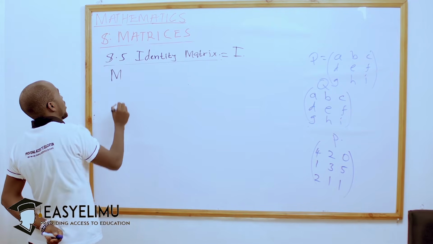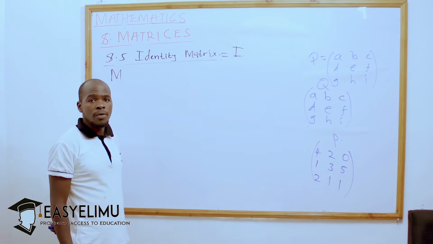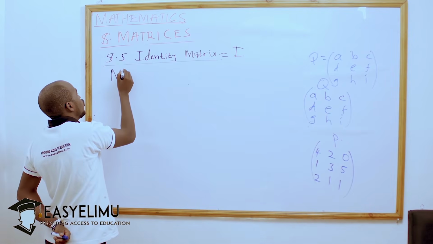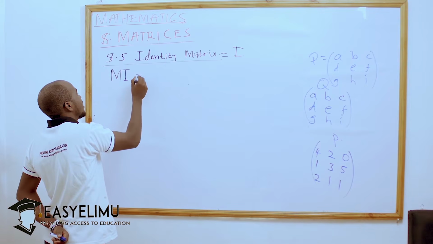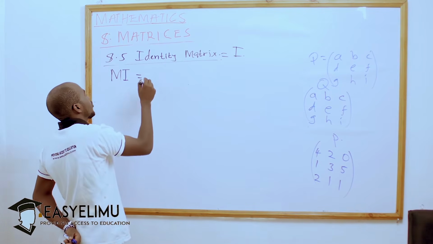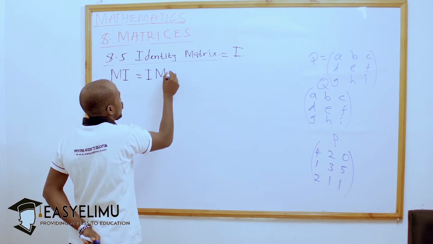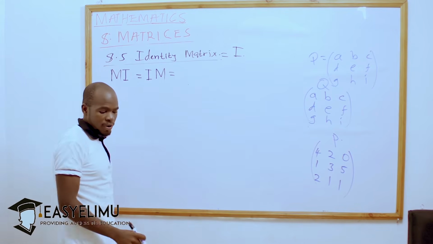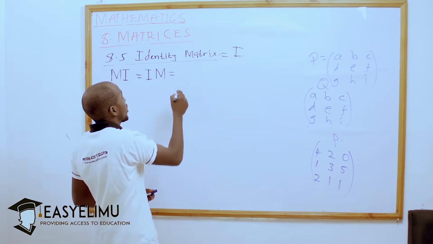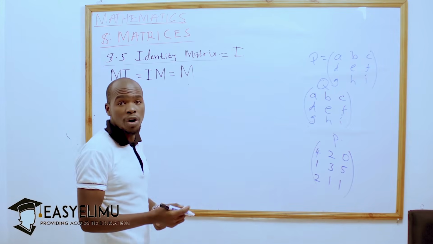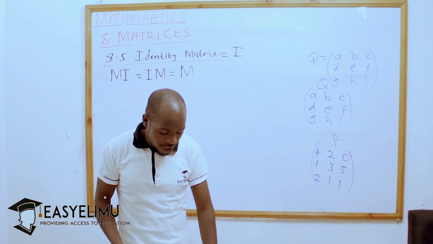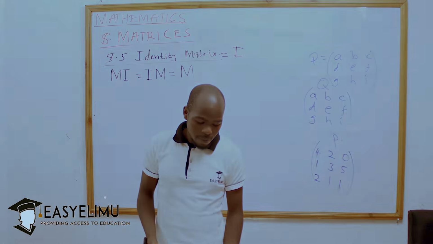In case you have matrix M, you multiply it by I, it is the same. If you pre-multiply it by I, you will still get M. And that is what we are referring to as the identity matrix.